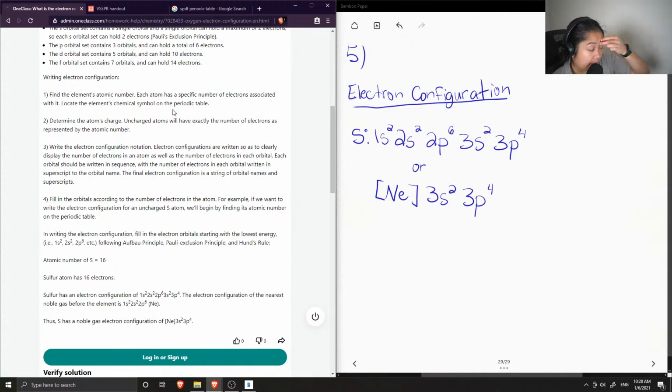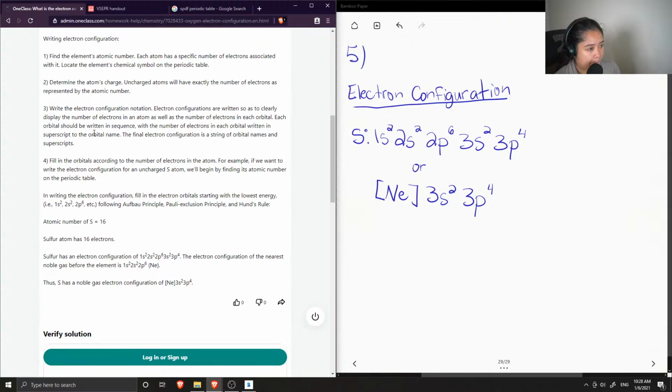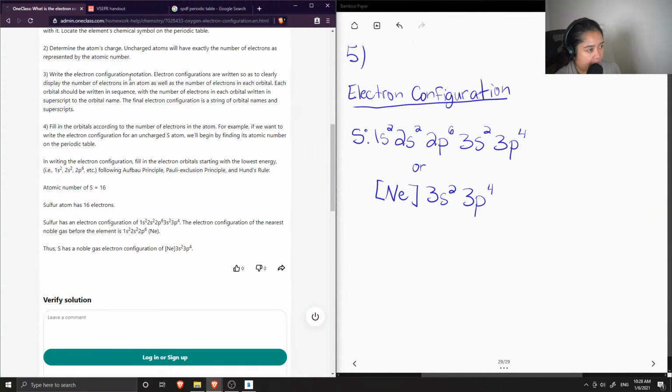So when writing electron configuration, find the element's atomic number and locate it on the periodic table. Determine the atom's charge. Uncharged atoms will have exactly the number of electrons as represented by the atomic number. The electron configuration notation clearly displays the number of electrons in an atom as well as the number of electrons in each orbital.